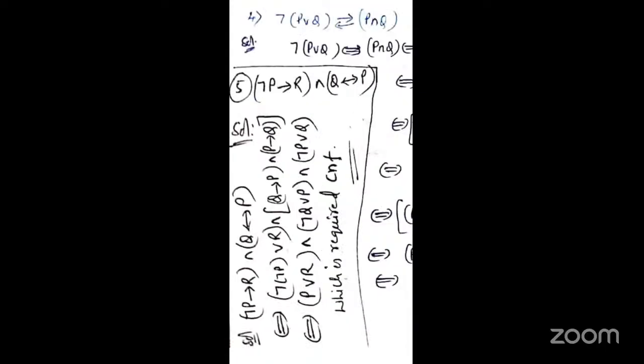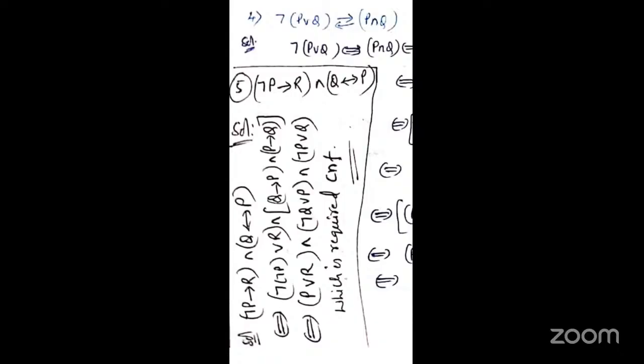Let me do the next one. Here I have one more example, and I'll just explain this. What is our question? Negation P implies R, intersection Q double implies P. All these are just practice examples.